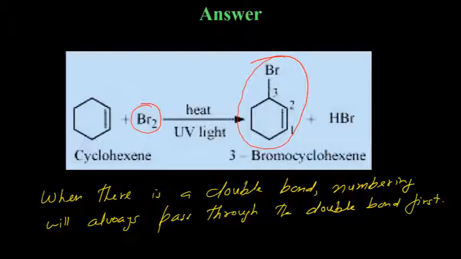So there are two possibilities. You can have the first carbon either this one or this one, because the double bond is the only functional group. Bromine is not the functional group, so you can't make bromine as one.